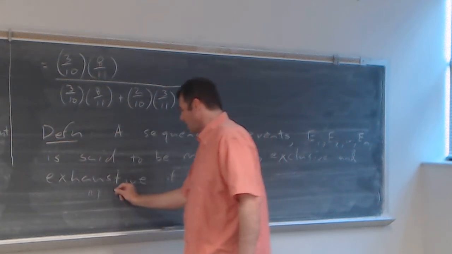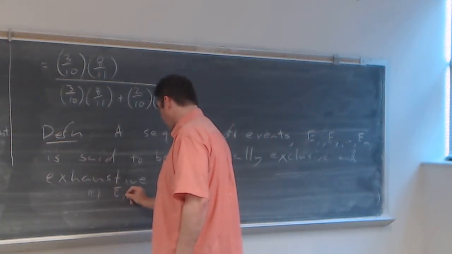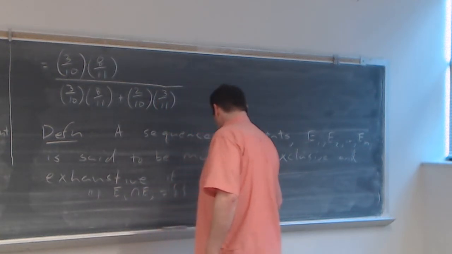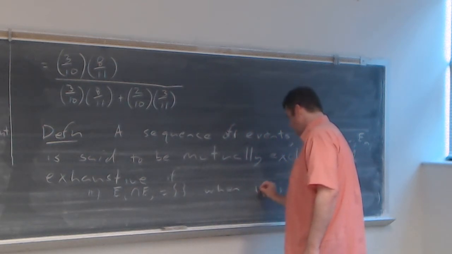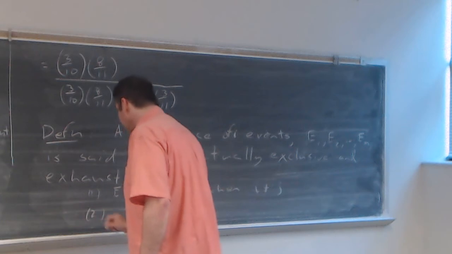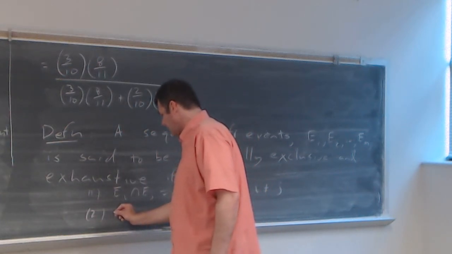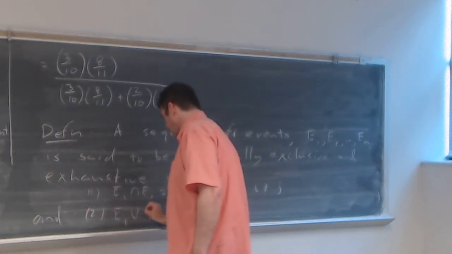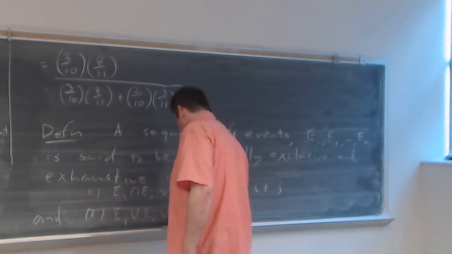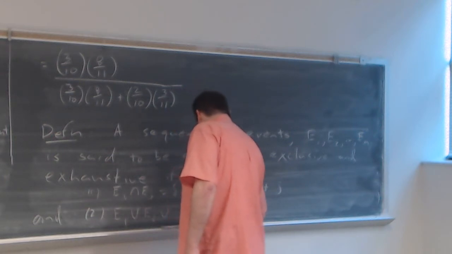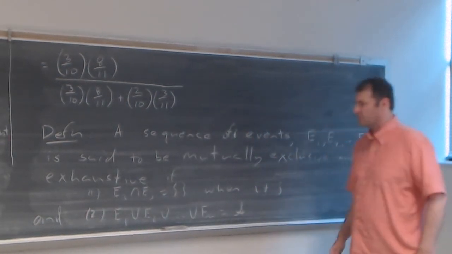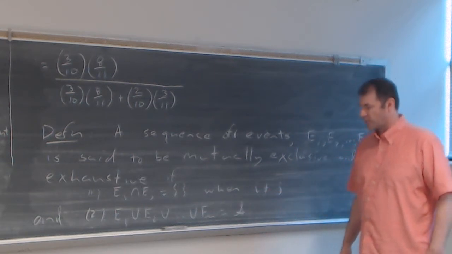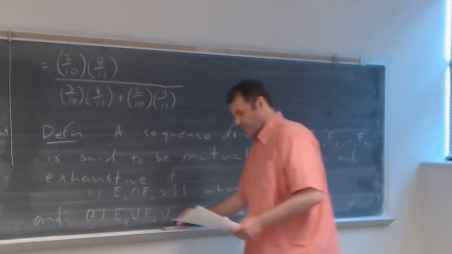Mutually exclusive means Ei intersect Ej equals the empty set when i is different than j. The exhaustive part is new, and both of these have to happen: E1 union E2 union, and so on, up to En equals the whole sample space S. So that's what it means to exhaust all of S, that you can get all of S by unioning up E1 through En.